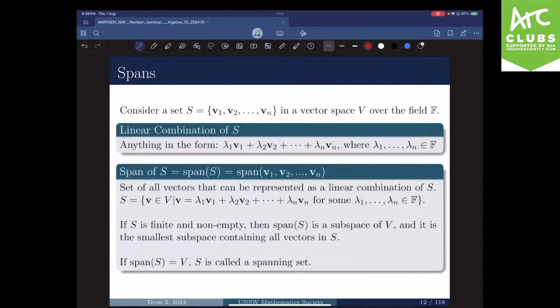And we note that if S is finite and non-empty, then the span of S is a subspace of V, and it's also the smallest subspace containing all the vectors in S. Additionally, if the span of S is the vector space V, then S is called a spanning set.